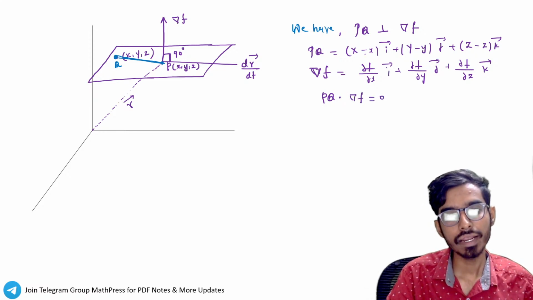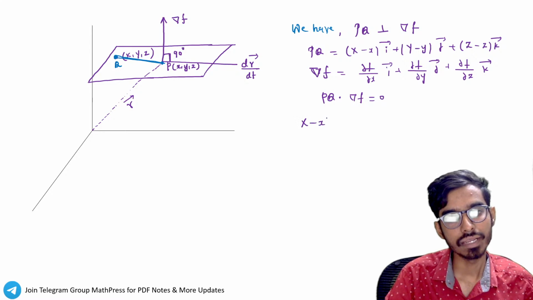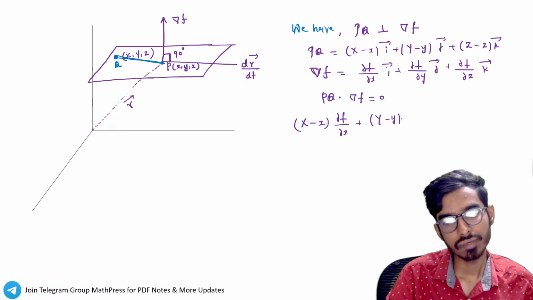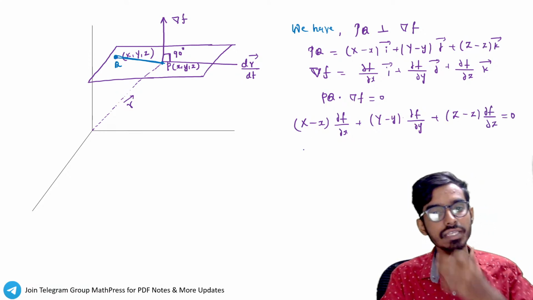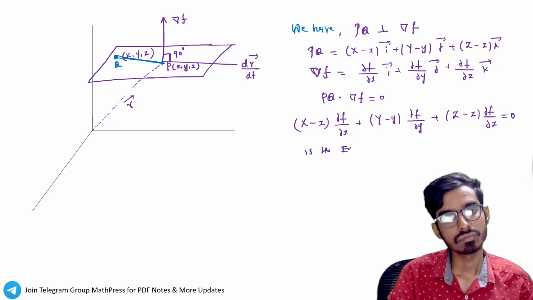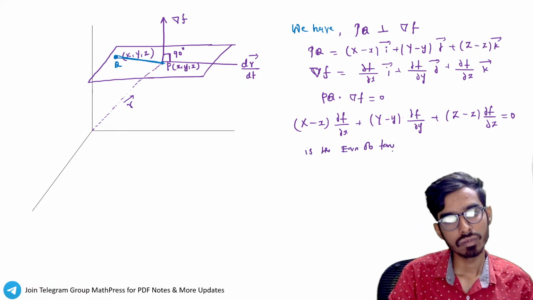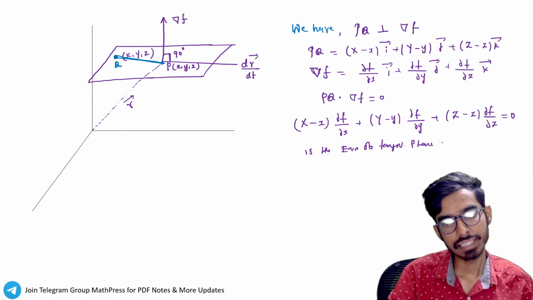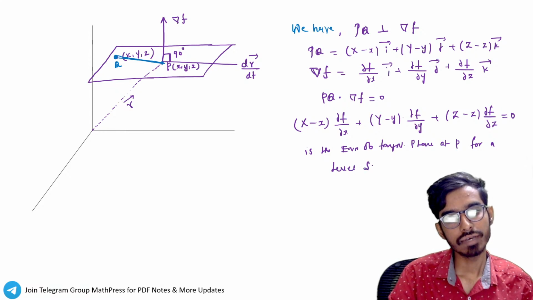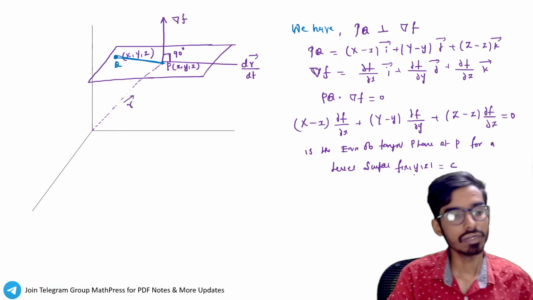So when you make a dot product, we will have the equation of the tangent plane. (X minus x) dou F by dou x, (Y minus y) dou F by dou y, (Z minus z) dou F by dou z is equal to 0 is the equation of the tangent plane at P for a level surface F of x, y, z equal to c, right?